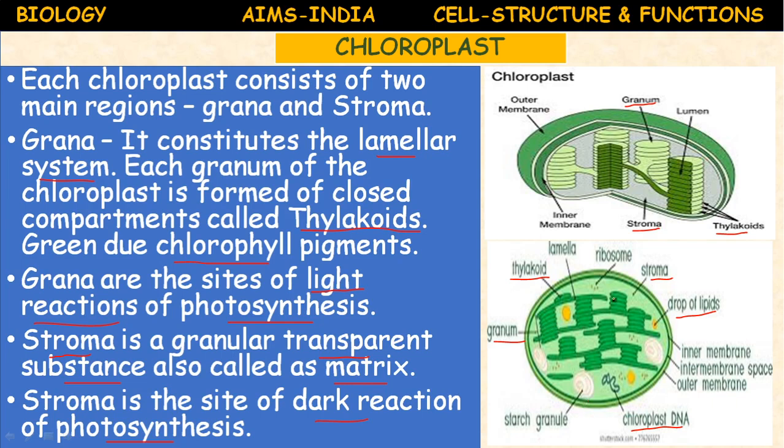The stroma contains several enzymes required for carbon fixation; the second phase of photosynthesis, the dark reaction, takes place in the stroma region. Several reaction centers are present in the grana region where the photosynthesis reactions occur.